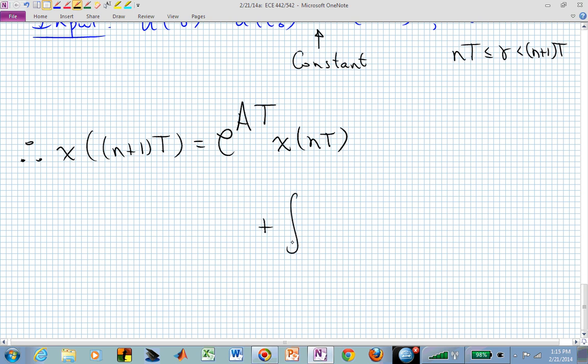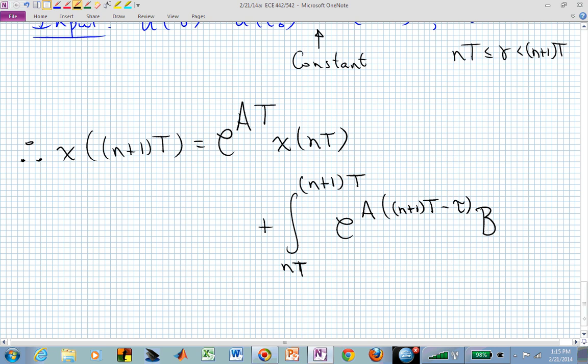Then we had the part due to the input, and that was this integral from t naught, which is, again, little n capital T, up to t, which is little n plus 1 times capital T, e to the A, and now we have t, which is n plus 1 capital T, that was a little t, equals the quantity little n plus 1 times capital T minus tau, B, that's our input matrix in the continuous time system.